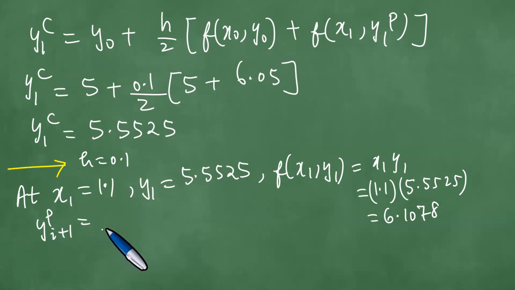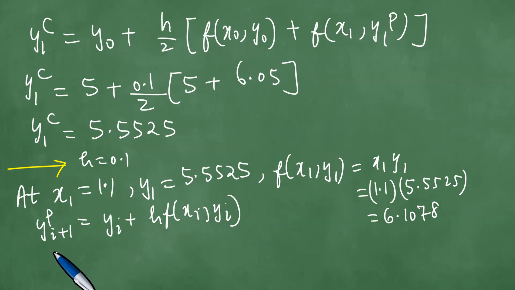The predictor is nothing other than what you call the Euler formula, xi, yi. And then you have this one.